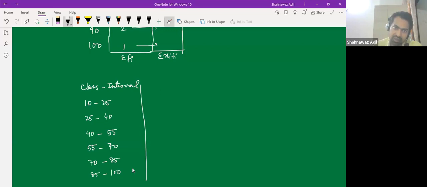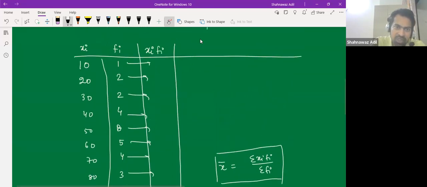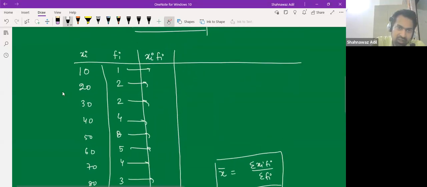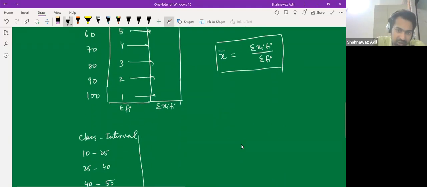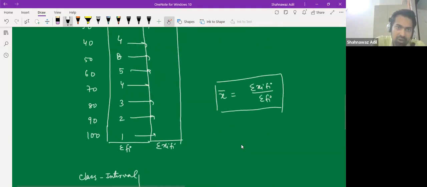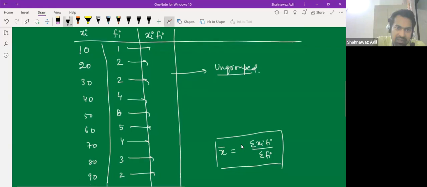So you can change this ungrouped data into grouped data and write it in short. This was the idea of grouping data. Okay. So you have this class interval.